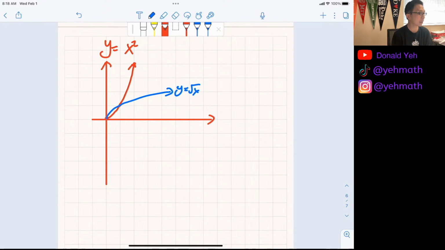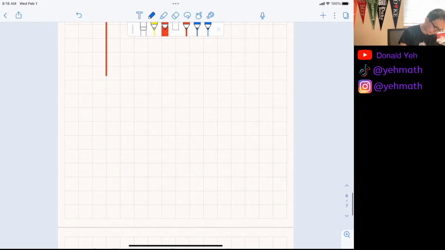Can you give me another graph that I told you that you need to know, or actually two, that are inverses of each other? Not x cubed. Is it a reciprocal? They are inverses of each other, one of the very need-to-know graphs. e to the x.